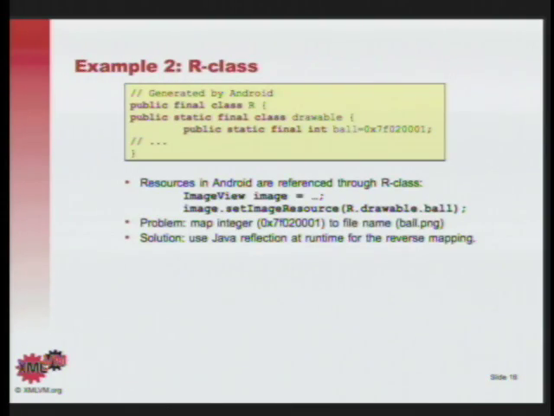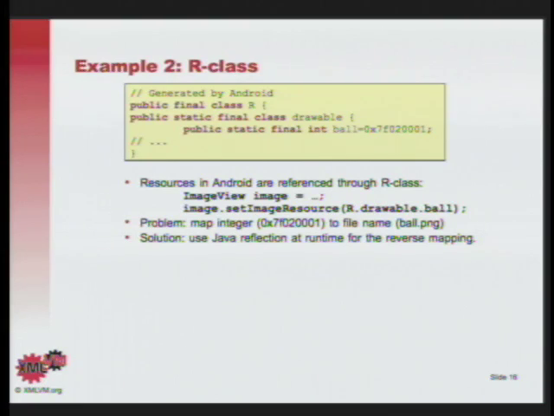Okay, second example. In Android, there's this infamous R class, and the way you reference resources in Android is via this R class. So if you have, for example, an external image, a PNG file, the way you reference it is by making use of this R class. Android will automatically create this R class for you. What I have at the top here is a little bit of that generated code that Android generates for you.